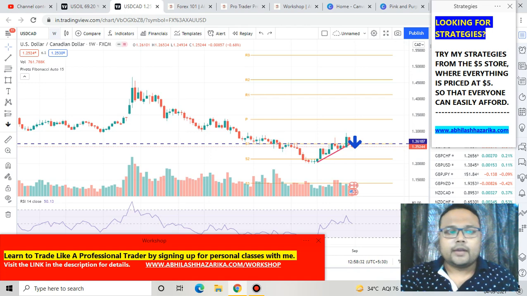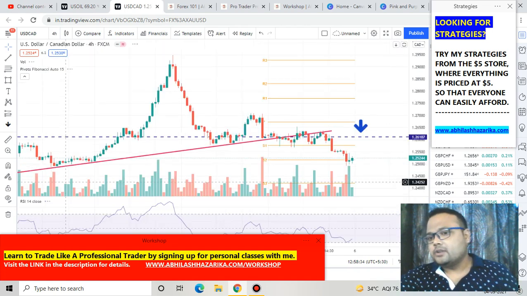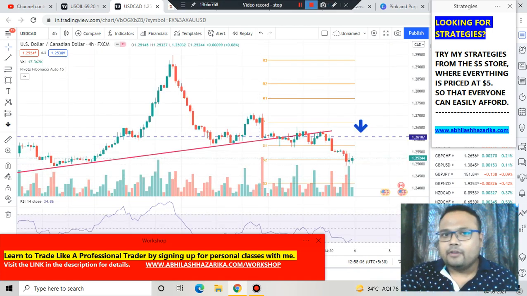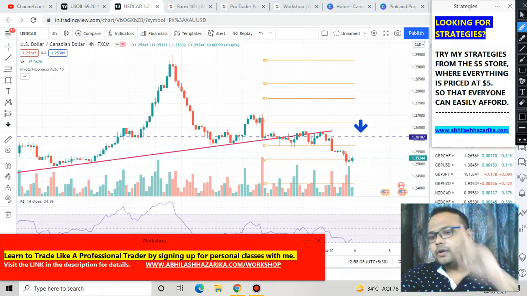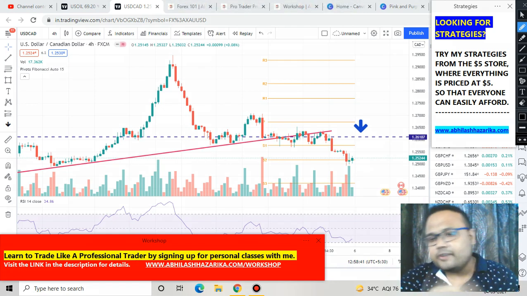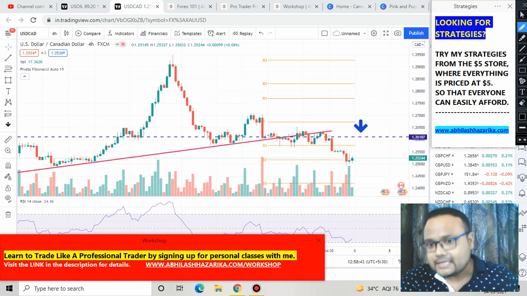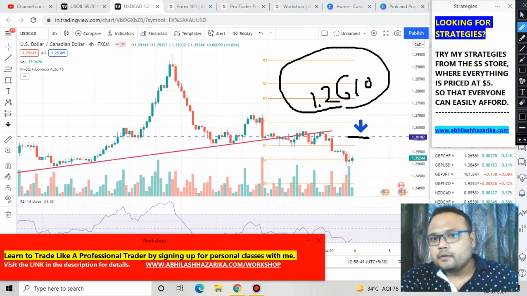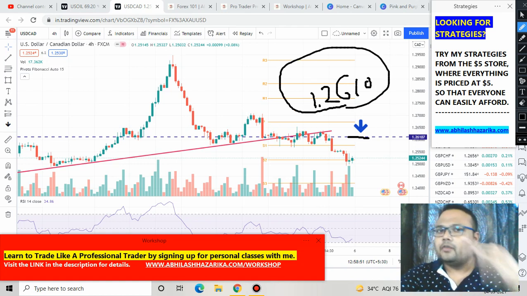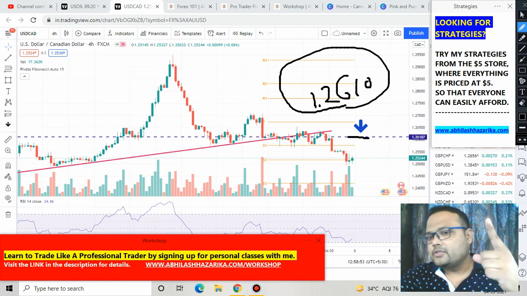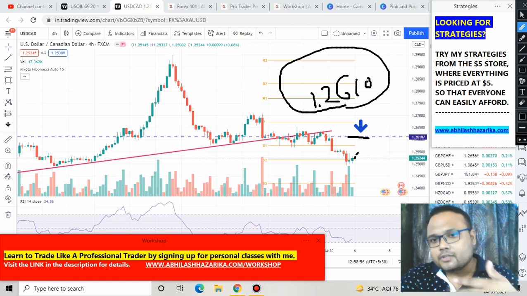We can hope that whenever US dollar Canadian dollar goes up, it will face resistance again. So the only safe trading opportunity for you is a short term trade at the level of 1.2610. There is a possibility that the dollar will try to recover, and if the dollar recovers, then definitely USD CAD will also go up.